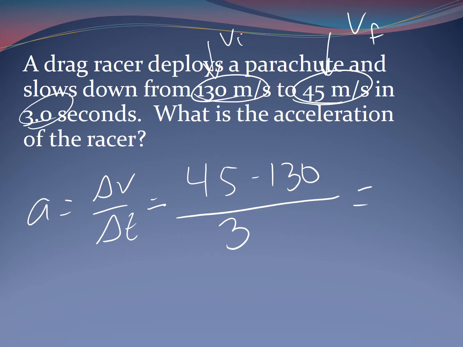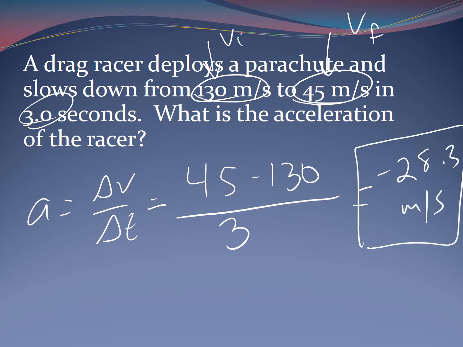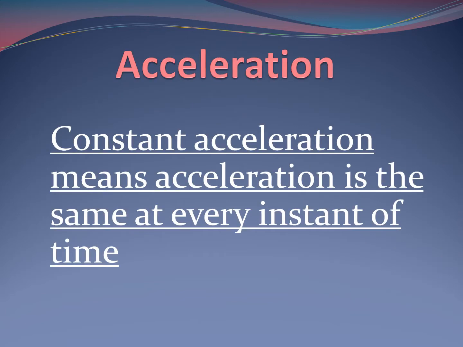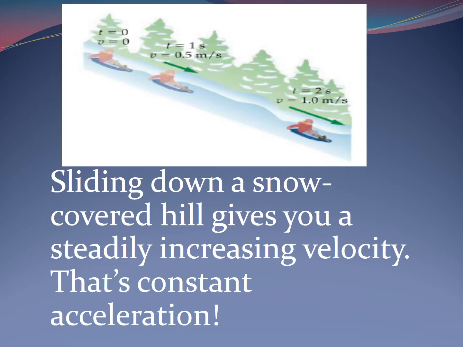And here we get a negative 28.3 meters per second squared. The negative in acceleration means that we have deceleration. It's slowing down, and that makes sense because it goes from 130 meters per second down to 45 meters per second.